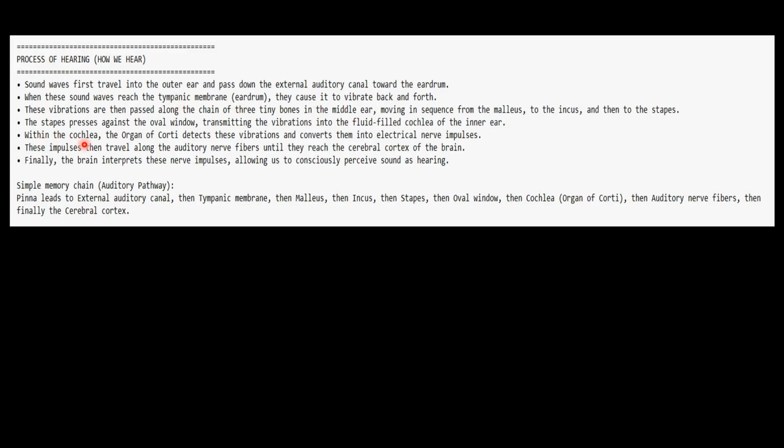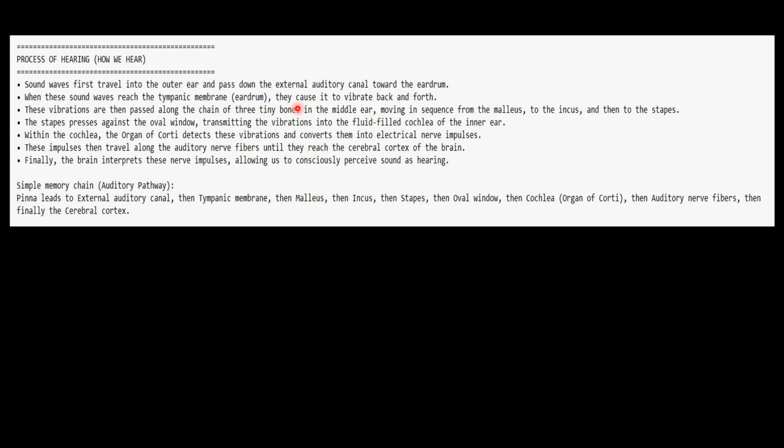Then within the cochlea, the organ of Corti, very important, detects these vibrations and converts them into electrical nerve impulses. These impulses then travel along the auditory nerve fibers until they reach the cerebral cortex of the brain, and finally the brain interprets these nerve impulses, allowing us to consciously perceive sound as hearing.